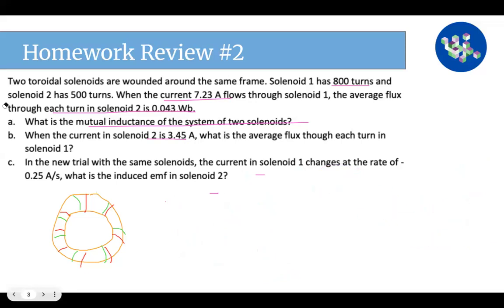All right, we're given the mutual inductance M, and the current through solenoid 1 is changing at a rate of 0.25 amperes per second. What is the induced EMF in solenoid 2?